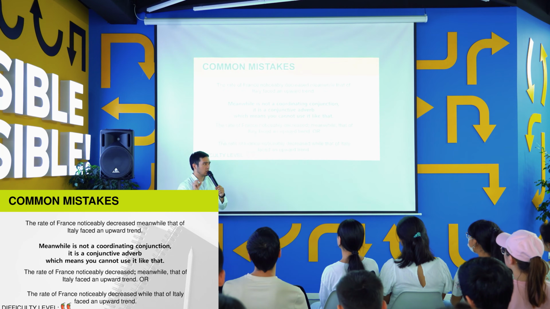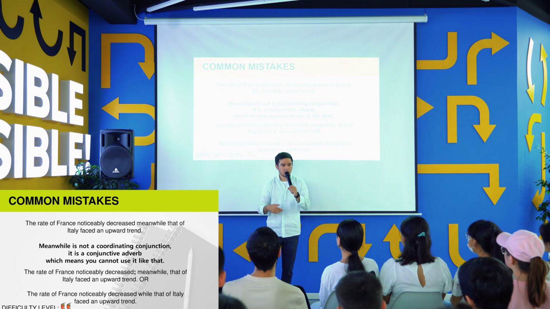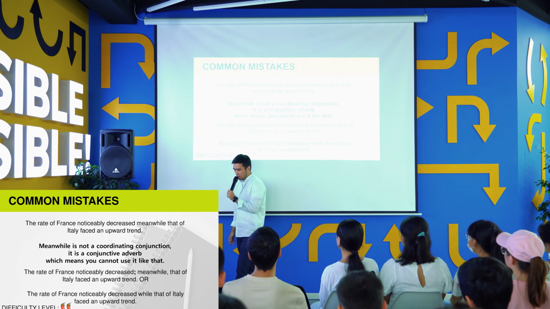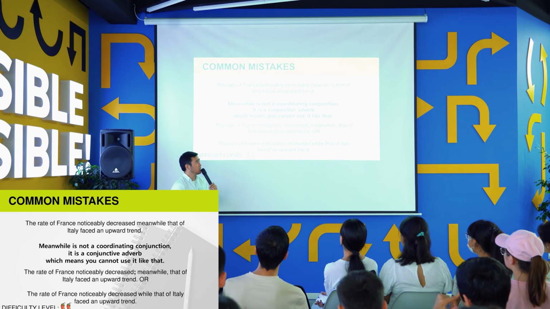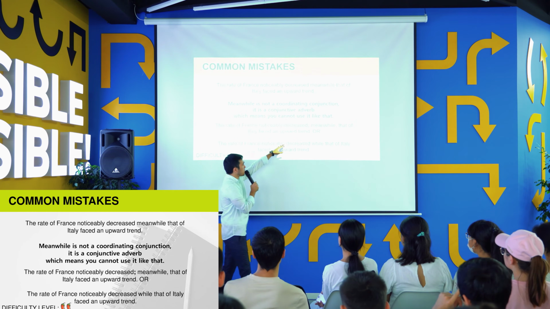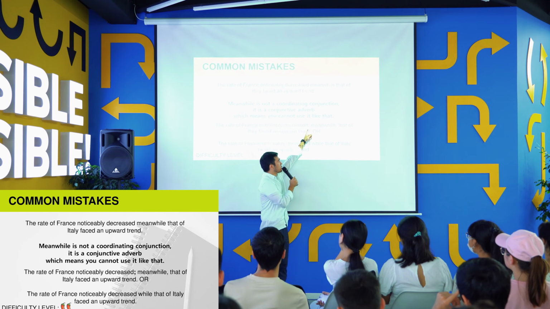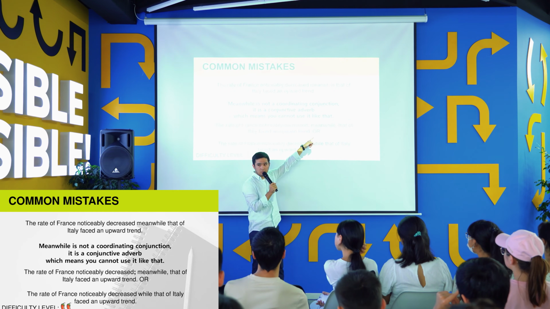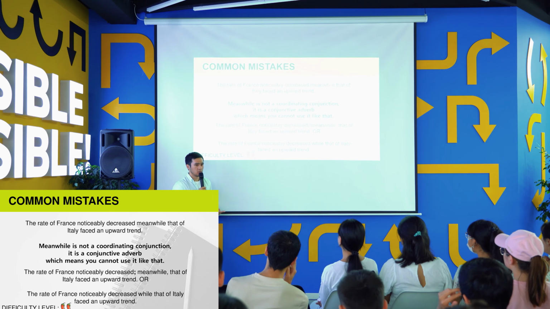Coordinating conjunctions are the words which are used in the middle of the sentence, like and, but, so, yet, right? So we cannot use it like that. We have to use meanwhile like shown here with a semicolon, or we can put a full stop and start with a capital letter, capital M. Or we simply say while, all right?